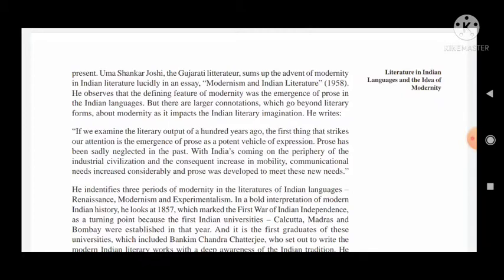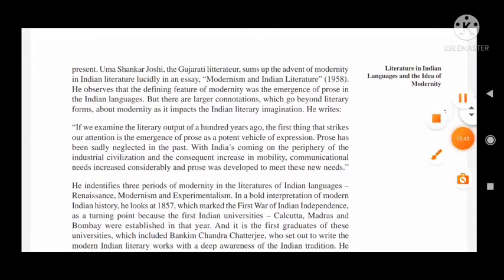Lucidly means clearly. When was this book published? The book was published in 1958, written by the Gujarati litterateur Uma Shankar Joshi.